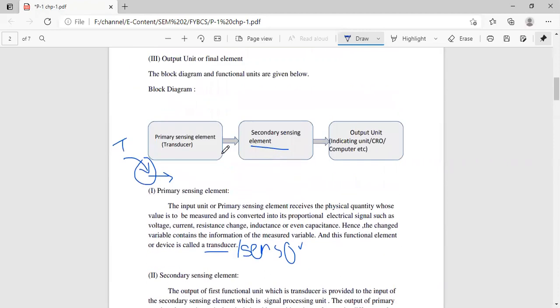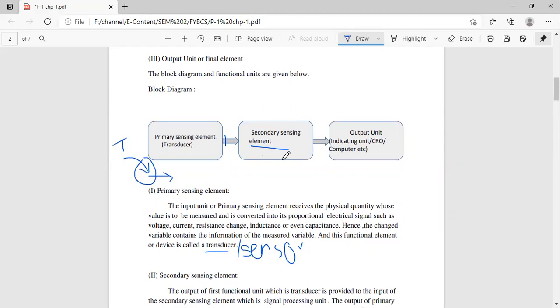Now, whatever signal we are going to get at the output of the first block is going to be very weak. Its amplitude is very, very low. That very low amplitude signal is going to enter the secondary sensing element, and the secondary sensing element will increase its amplitude, or its strength.